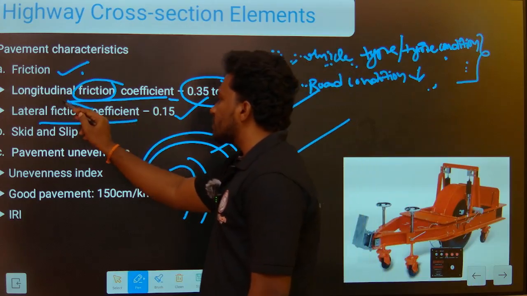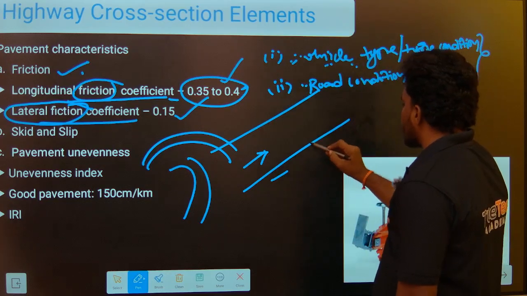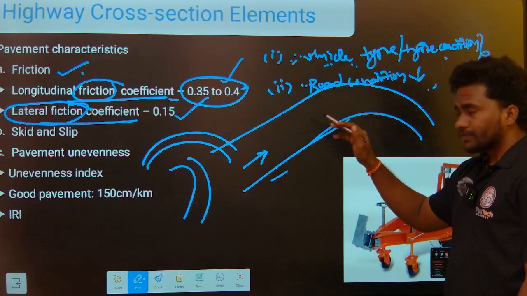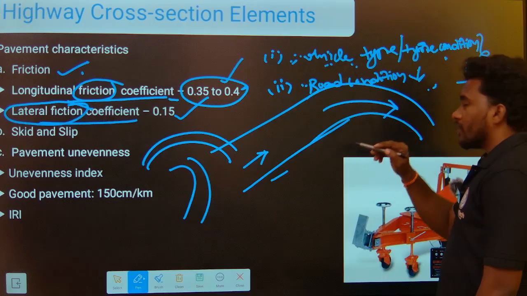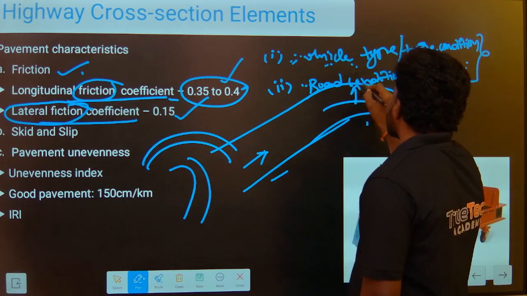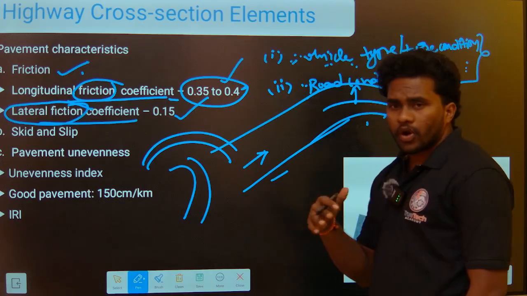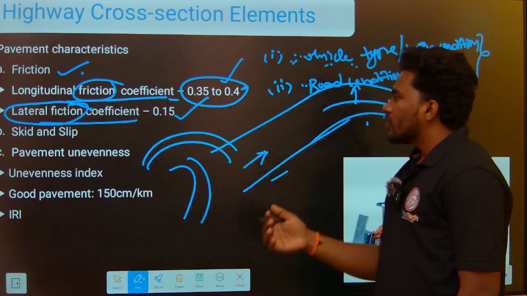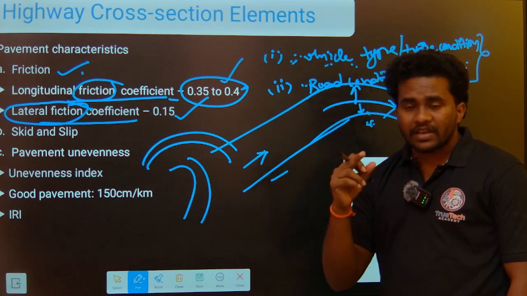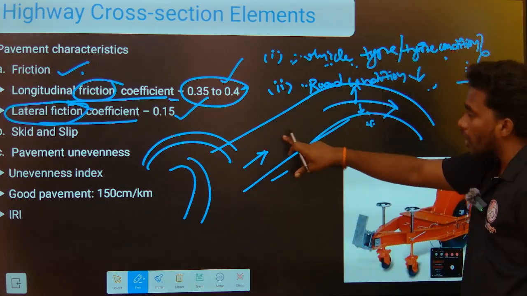The importance of this lateral friction is that when the vehicle is traveling through a curve, there is some force acting on this side, that is a centrifugal force. To counteract that centrifugal force, a friction is developed between the tire and the road surface in the transverse direction of the road, not in the longitudinal direction.